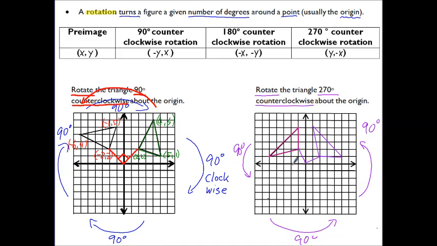So what were the coordinates of our pre-image? Negative 5 and 1, negative 1 and 2, and negative 1 and 5. Now let's look at the coordinates of our image. 2 and 1, 5 and 1, and 1 and 5.